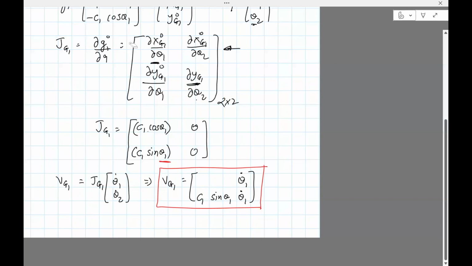Now they are together here. Let me put the dimensions: this is 2 cross 2, and this is 2 cross 1.